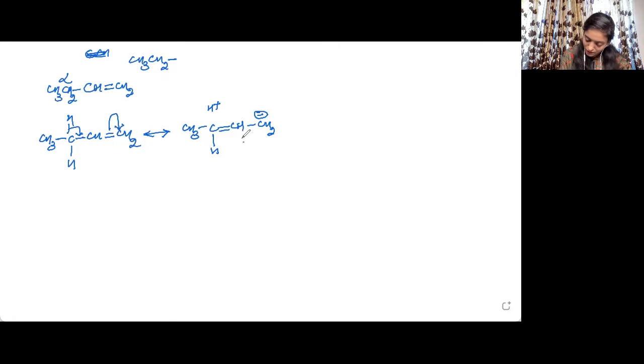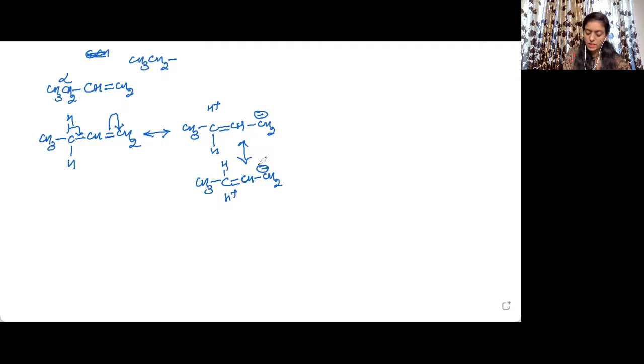The next structure is similar, so these two structures will be possible.